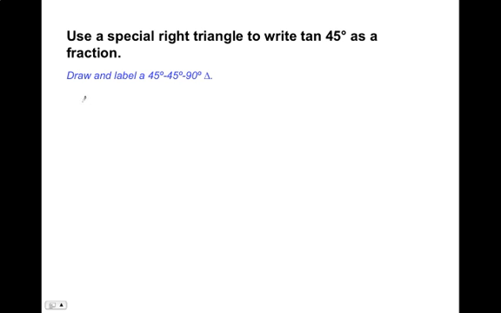Okay, let's see how you did. Hopefully when you drew your triangle, you have your 45, 45, you have s, s, s square root of 2. And since we want the tangent of 45 degrees, here it doesn't matter which angle you pick, so just pick a 45, label opposite, adjacent, and hypotenuse.